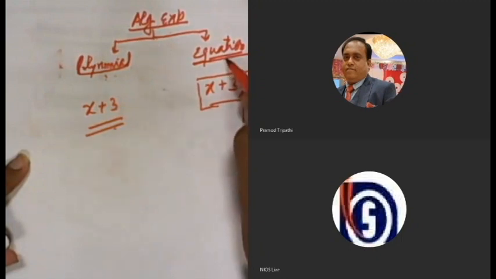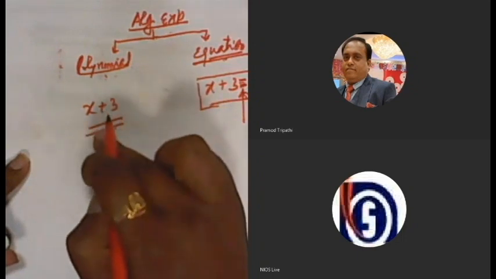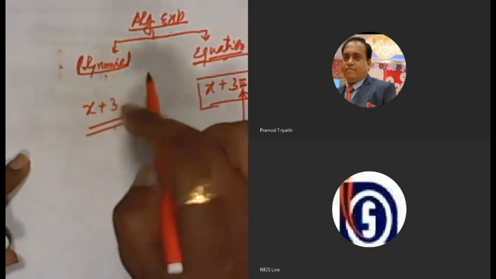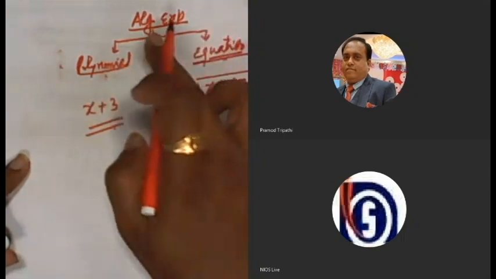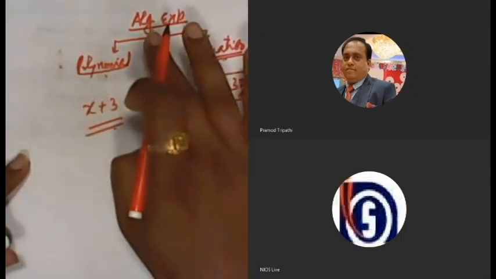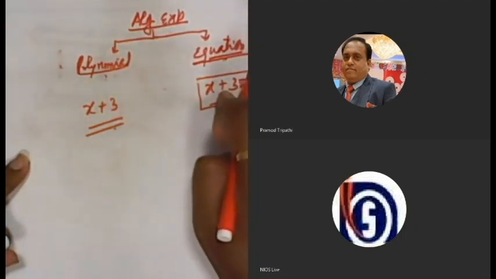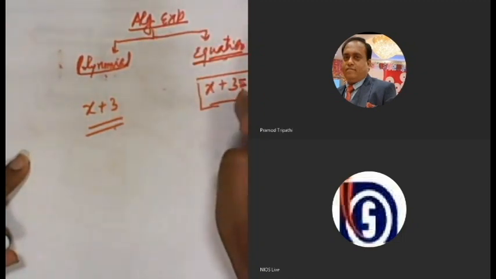So the important condition is this one: the equation must have the sign of equality. But in the case of polynomial, there is no sign of equality. So both come under the algebraic expression. So polynomial and equation both are algebraic expressions. It is a condition between two algebraic expressions. The condition is the sign of equality here.